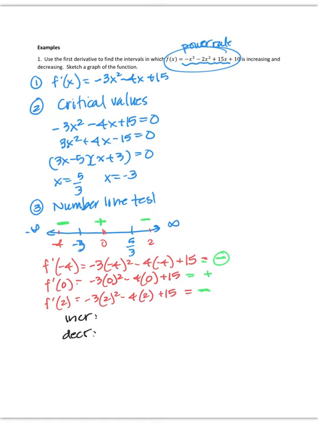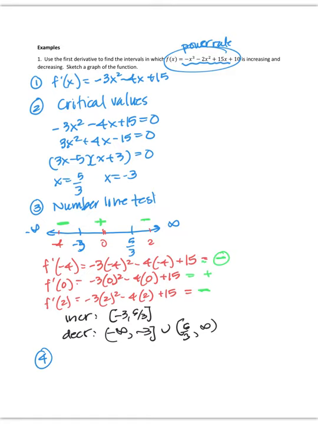So it is increasing between negative 3 and 5/3. It is decreasing from negative infinity to negative 3 and from 5/3 to infinity.